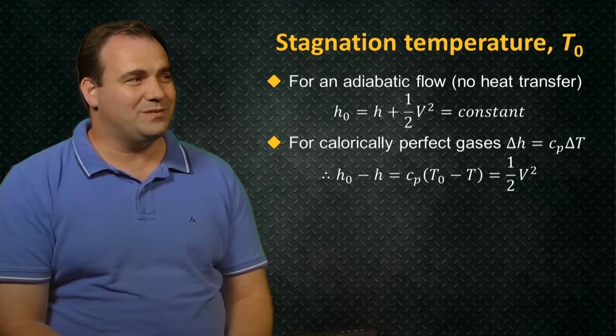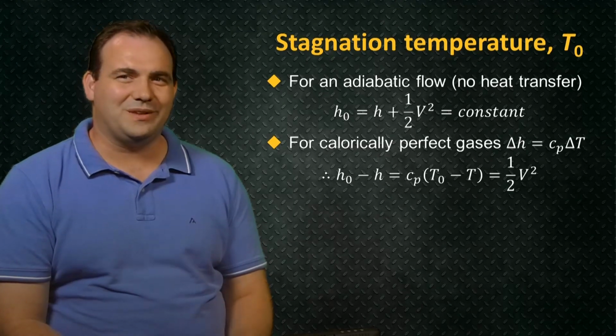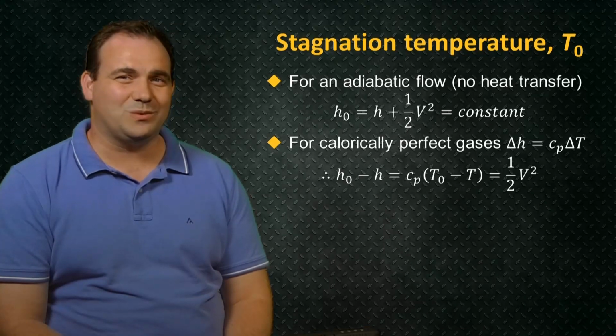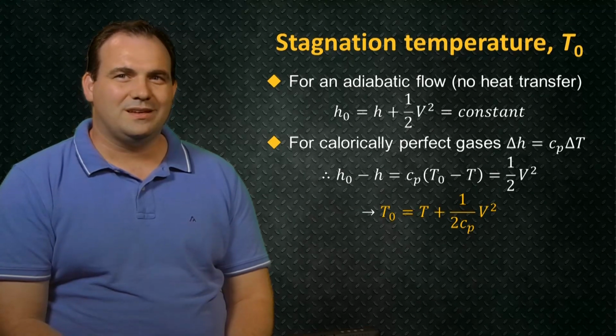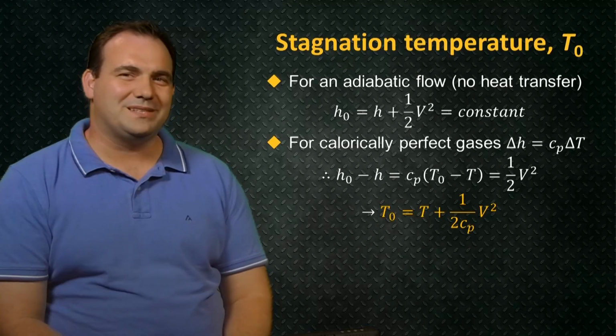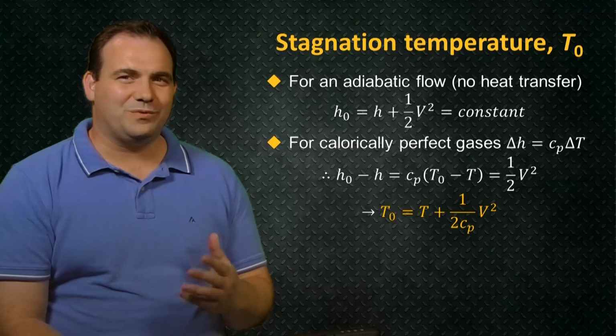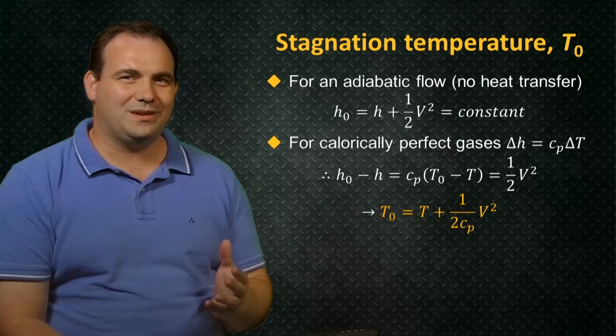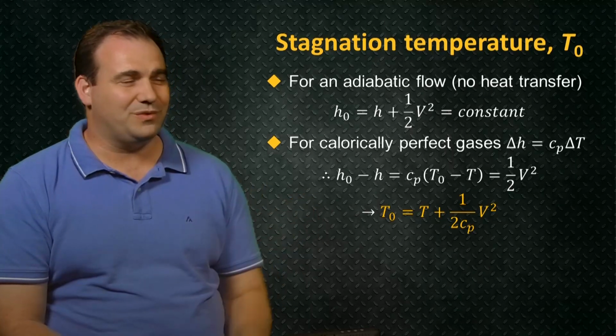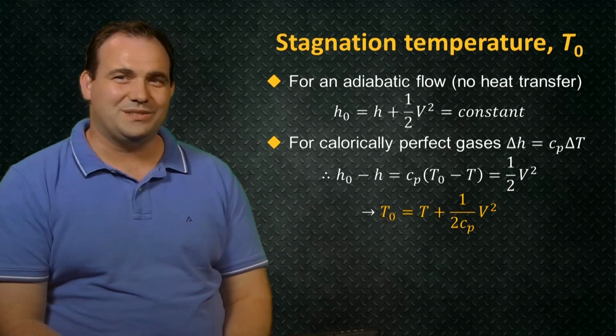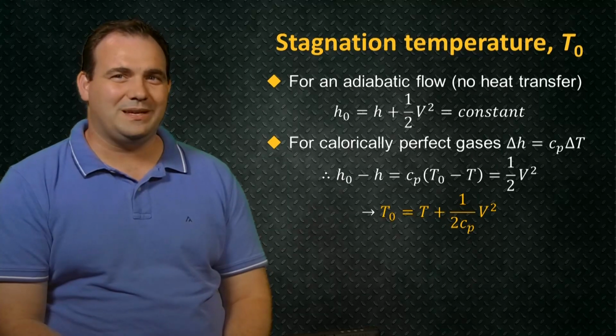And from our expression for stagnation enthalpy, this whole thing has to be equal to a half the velocity squared. So if we divide through by Cp and rearrange, we find that the stagnation temperature T0 is equal to the current temperature of the flow T plus a half the velocity squared divided by Cp.